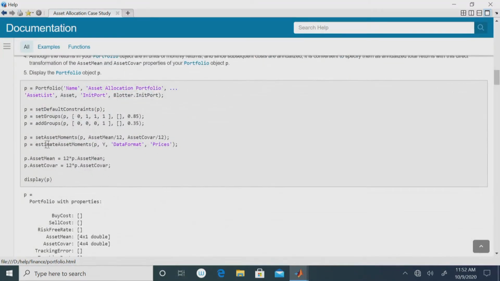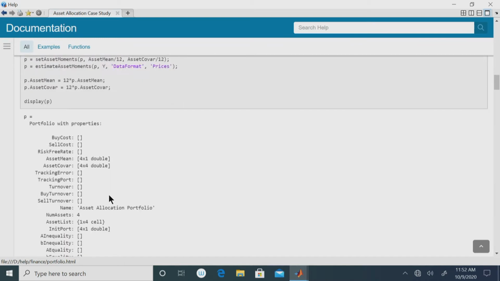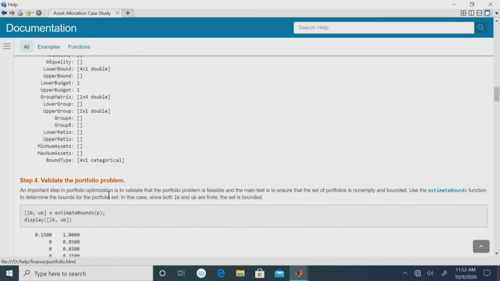Now we estimate the asset moments, and we incorporate y, which was the absolute value of the simulated data, and then the annual asset mean and covariance. You multiply asset mean and covariance by 12. Essentially, in this case we are calculating the annual asset mean and asset covariances using the simulated data in order to make your projection.